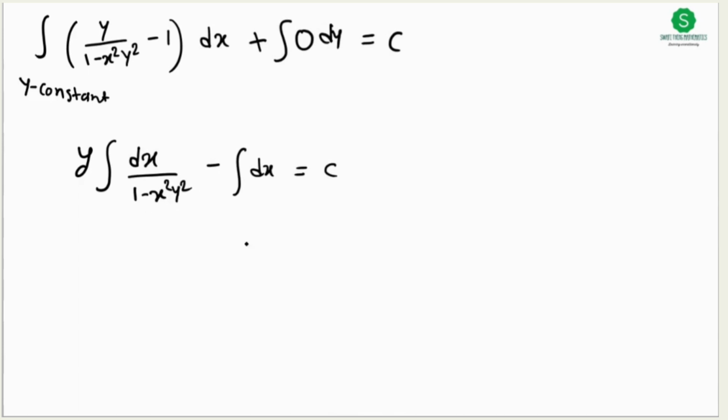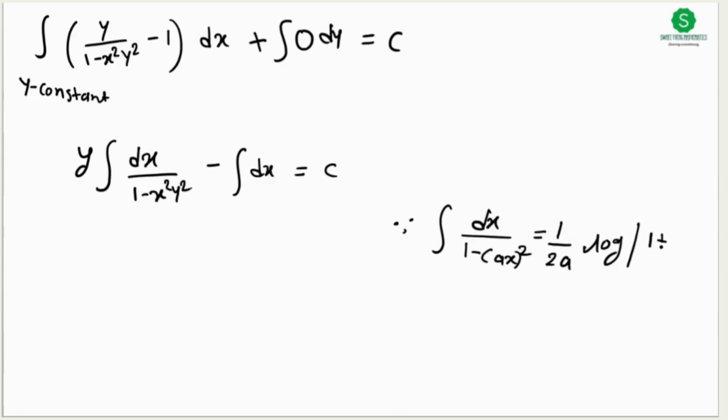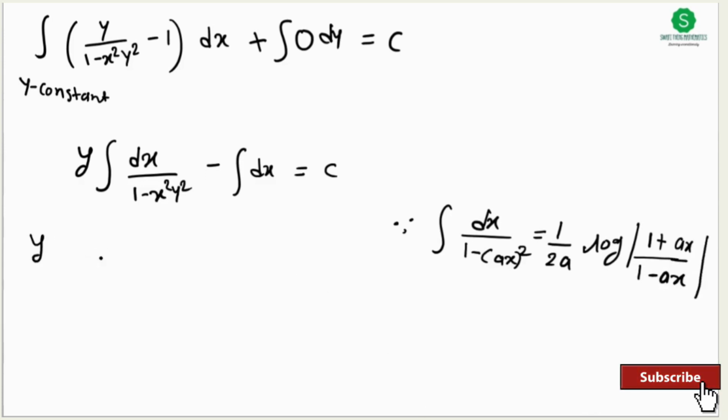Here we have to integrate this term, and we know the formula, that is integration of dx upon 1 minus a square x square is equal to 1 upon 2a log of 1 plus ax upon 1 minus ax. So using this formula, here y as it is, 1 upon 2a, that means coefficient of x, which is y.